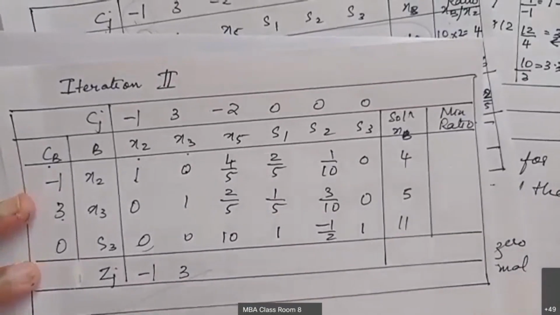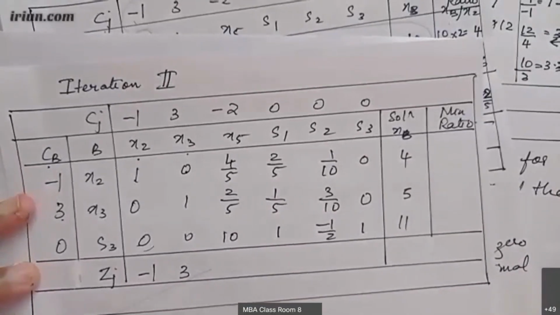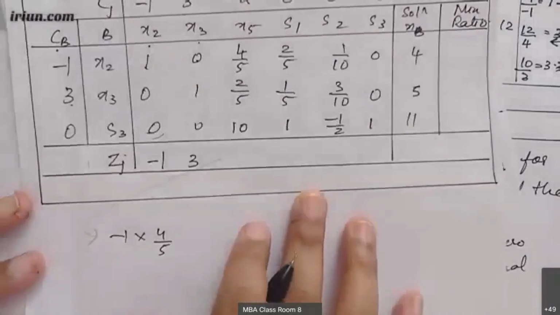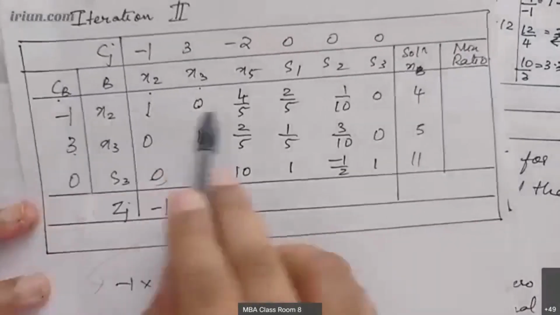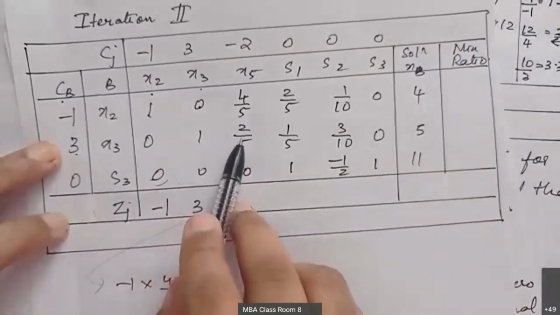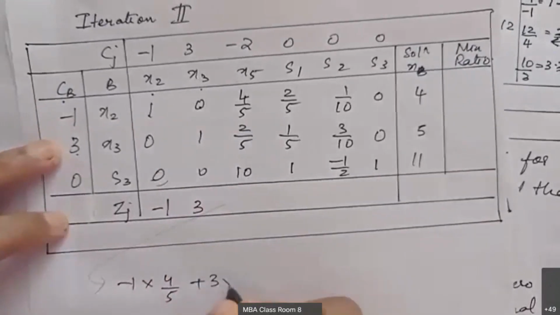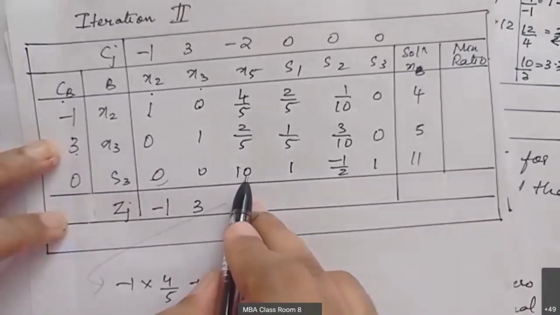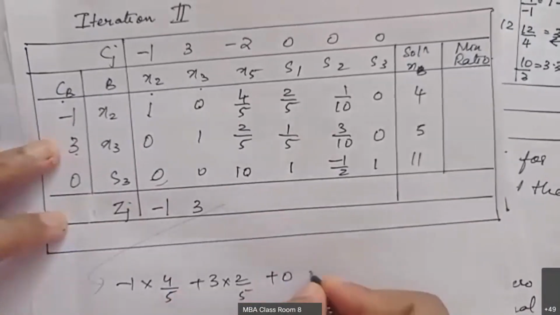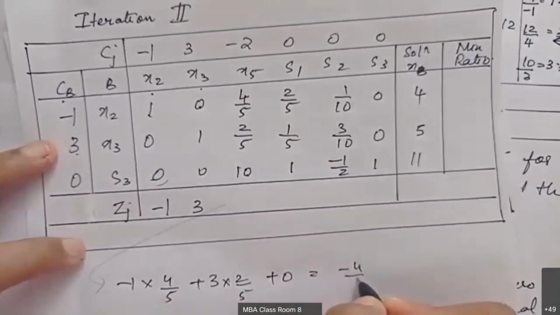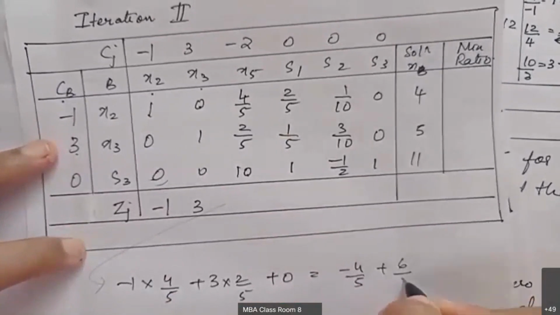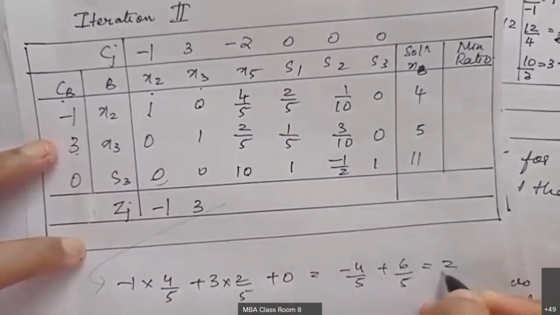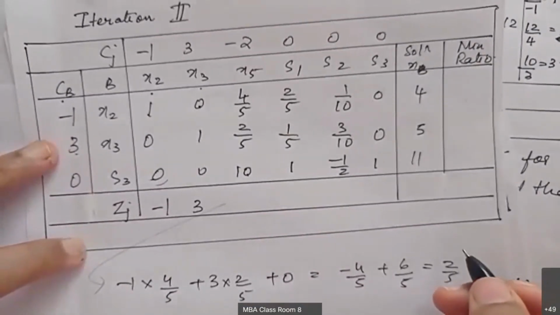Okay. Minus 1 into 4 by 5 plus 3 into 2 by 5 plus here 0 into 10. That becomes 0. Now this is equal to minus 4 by 5 plus 6 by 5, which is equal to 2 by 5. Okay.